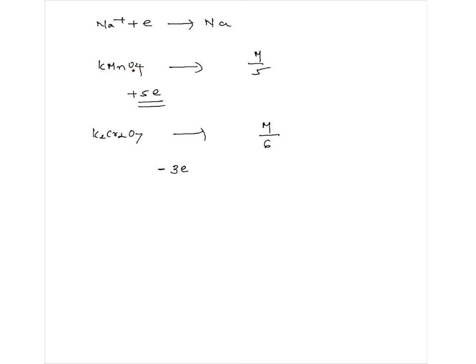When we say 1 unit of KMnO4, 1 manganese atom, 1 potassium atom, and 4 oxygen atoms. When we say 1 unit of potassium dichromate, 1 potassium atom into 2, so 2 potassium atoms, 1 chromium atom into 2, 2 chromium atoms, 7 oxygen atoms.